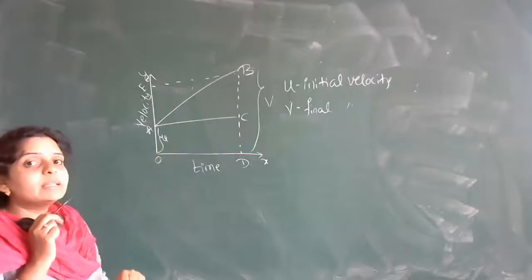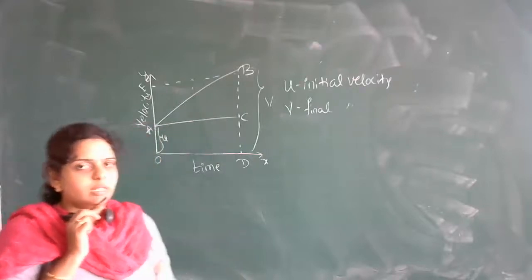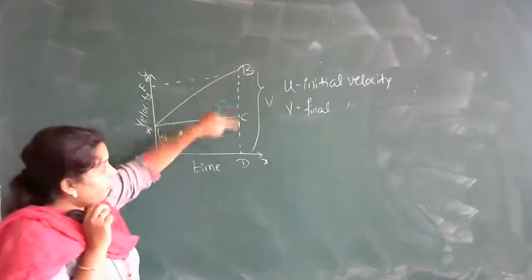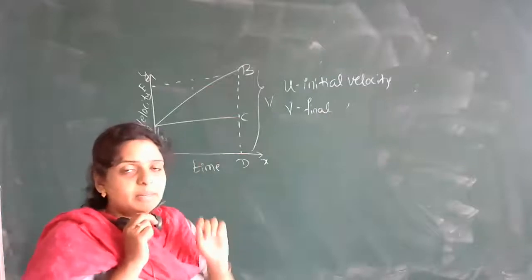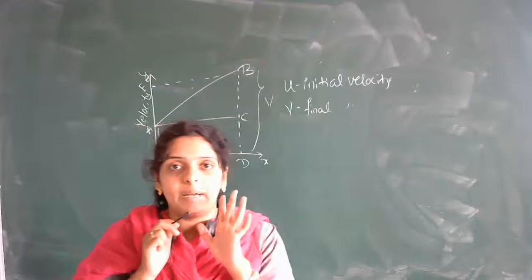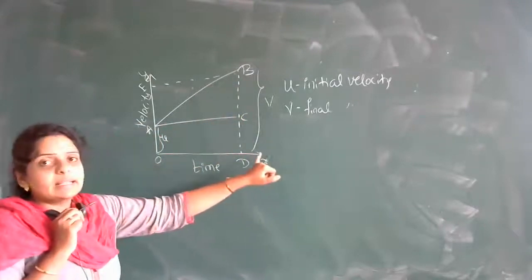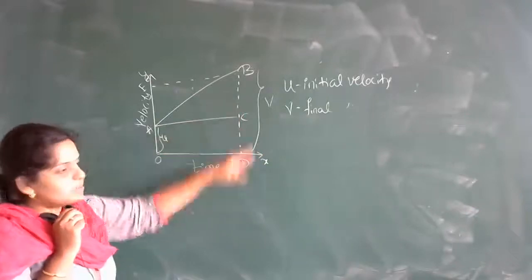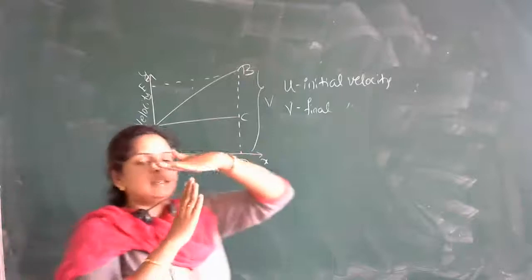Here we are doing some extra construction. What extra construction are we doing? Let us draw BD perpendicular to the x-axis. I hope you understand what perpendicular means. This BD is perpendicular to your x-axis, which means it is at 90 degrees with respect to the x-axis. It is something like this.